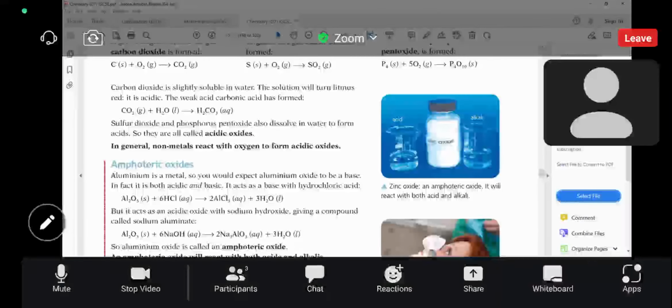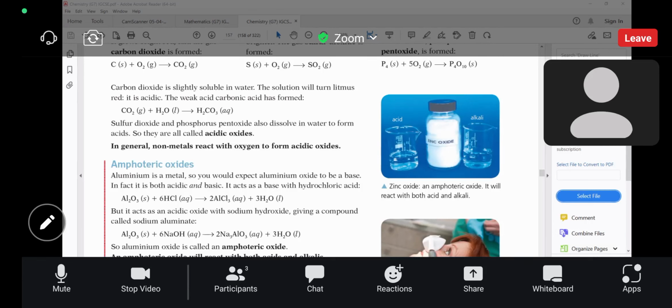Define acidic oxide: oxides that produce an acidic solution upon addition to water.